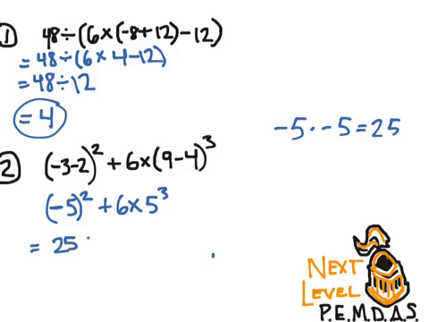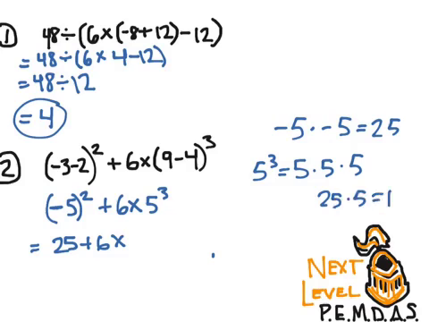25 plus 6 times, and then 5 to the 3rd power. Well, 5 to the third power is the same as 5 times 5 times 5. Now 5 times 5 is 25, times 5 is 125.